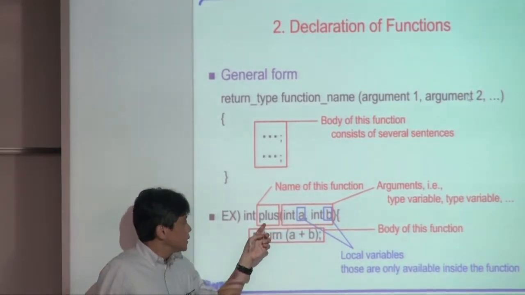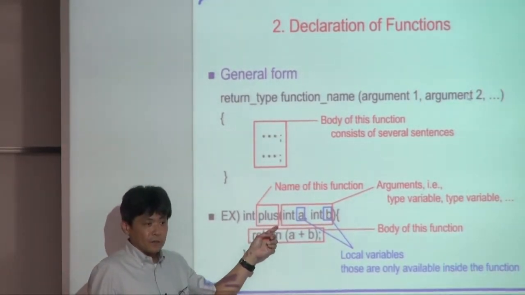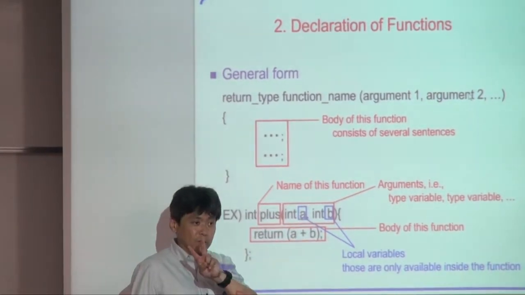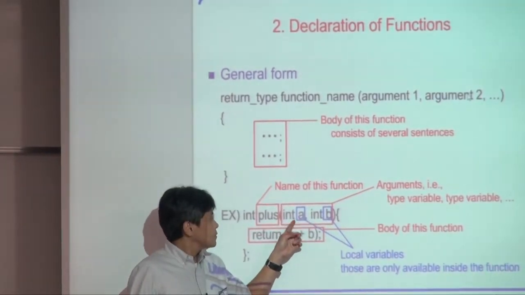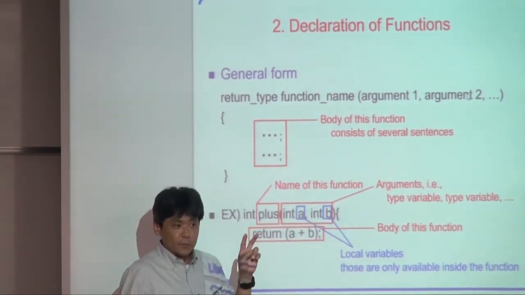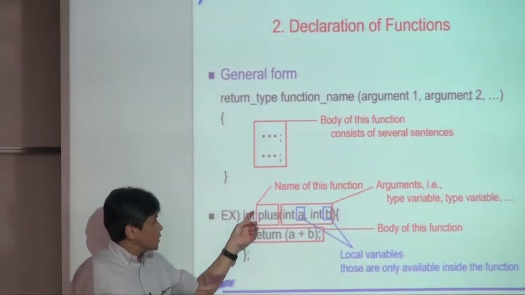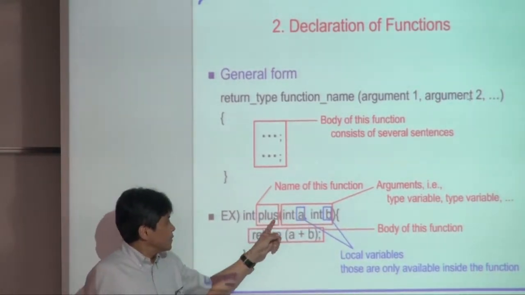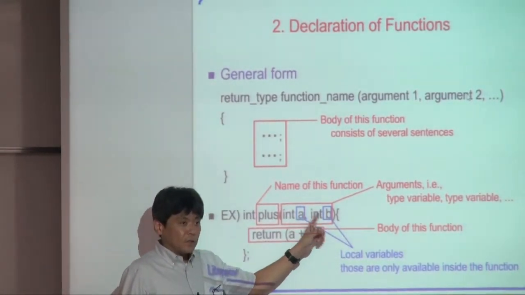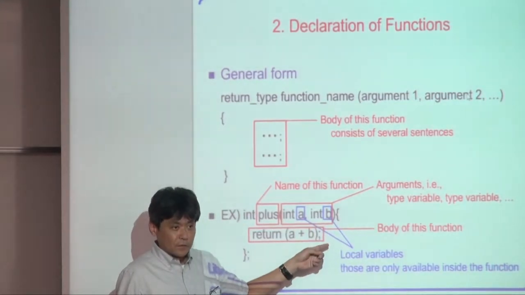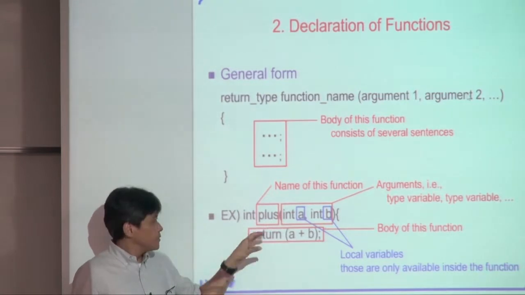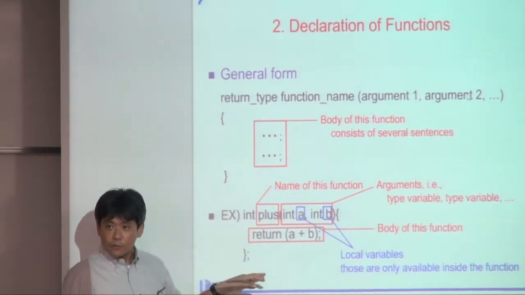This case is a function plus. It defines the return value as integer, and it has two arguments, both of the same integer type. Plus is defined as the name of the function, and A and B are treated as local variables. A local variable means it is only available inside the brackets, inside the function.